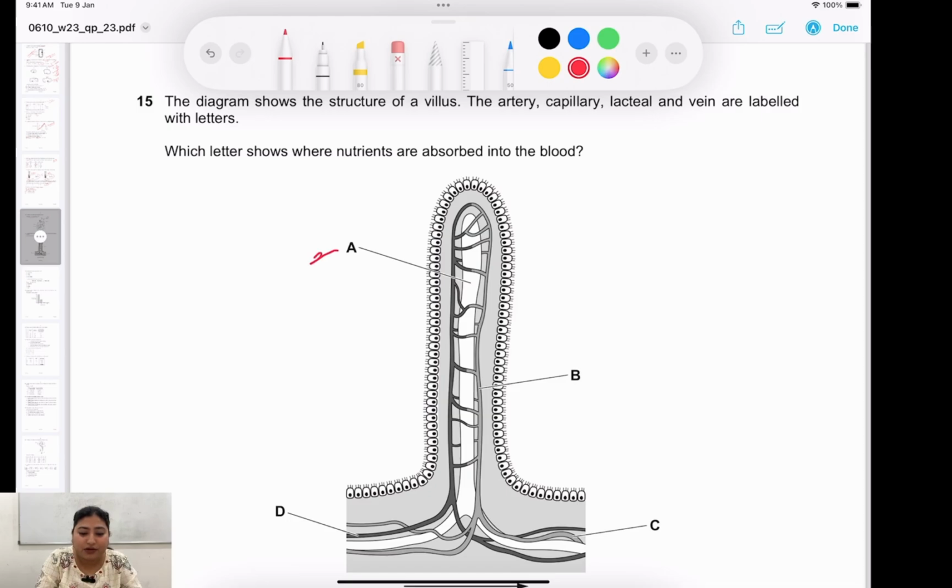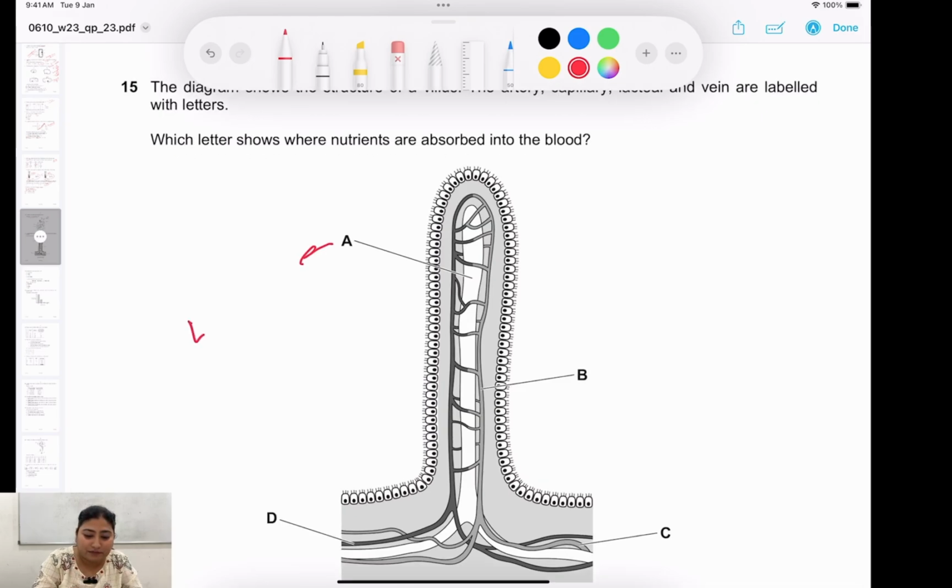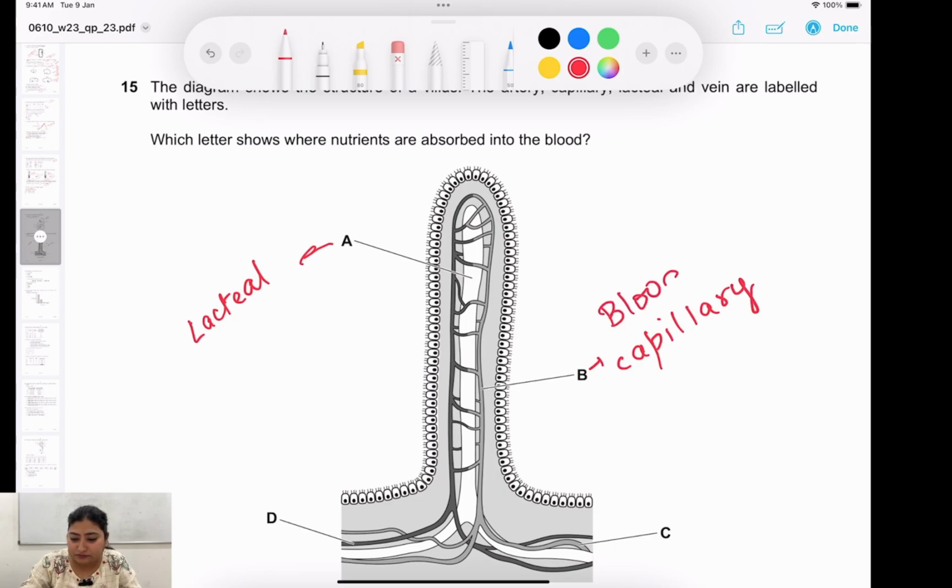A is your lacteal, B is your capillary, the blood capillary to be specific. C is basically the arteriole which is supplying blood to the villi, and D is basically a vein, or a venule, which is taking away blood from this capillary.